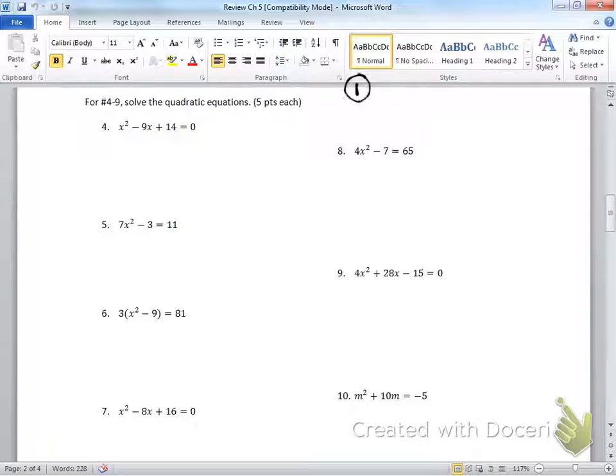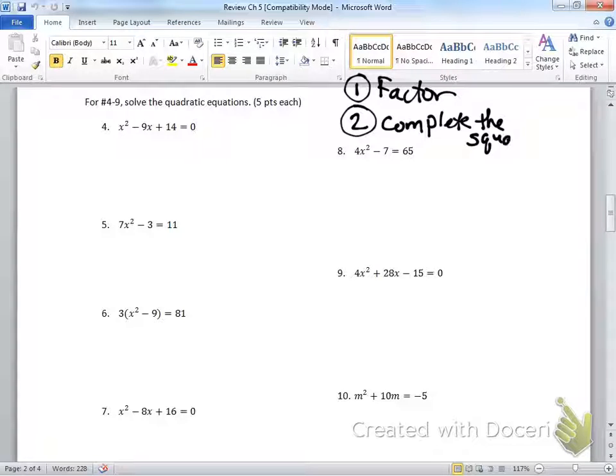So you can factor. You can complete the square. Students from experience tend to avoid number 2 unless the directions say complete the square. Number 3 is the quadratic formula.